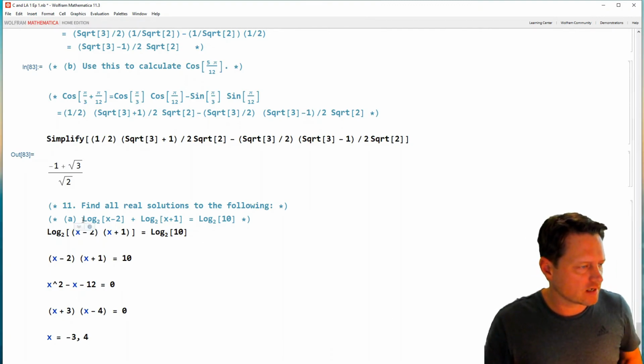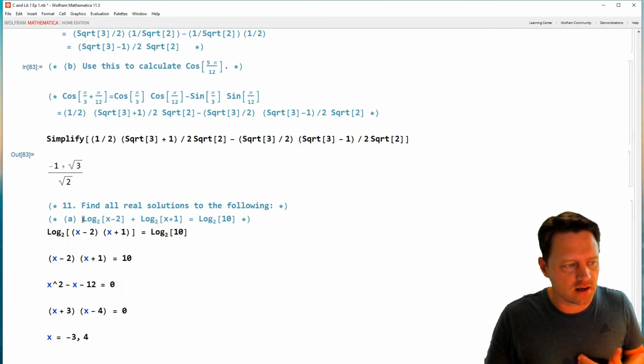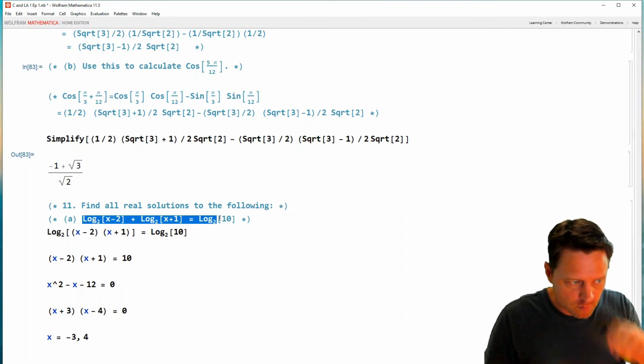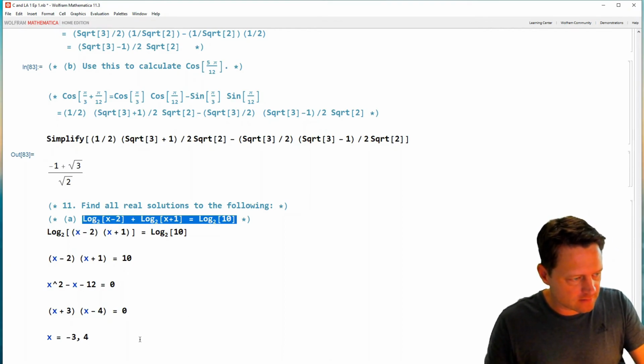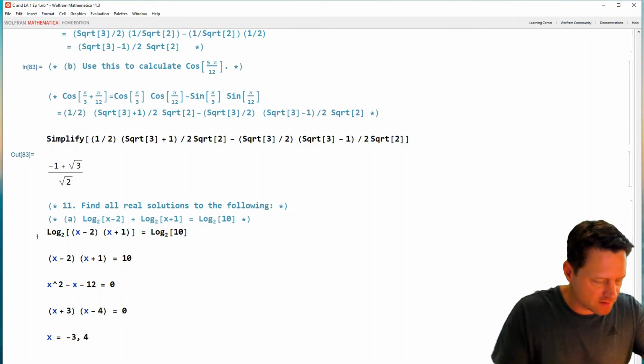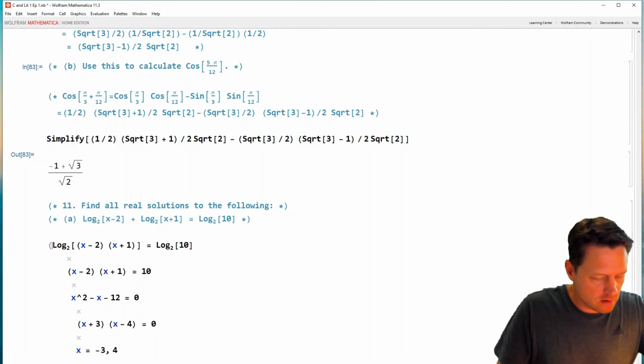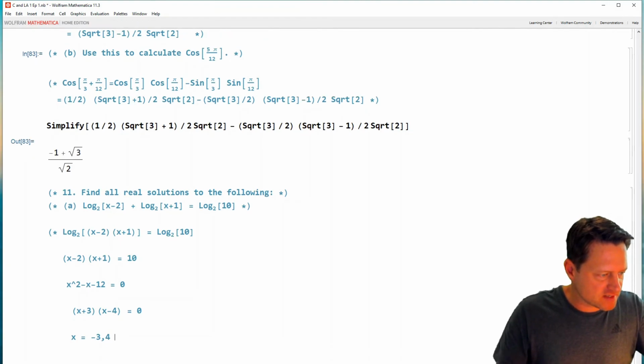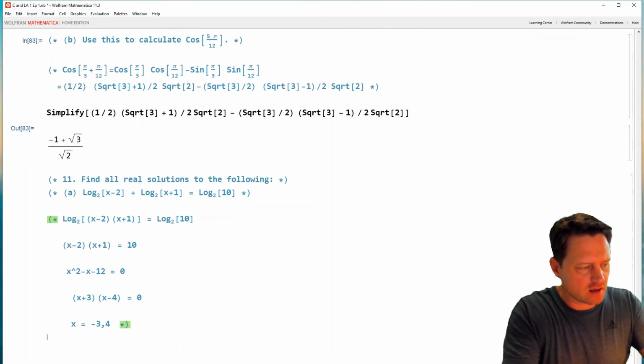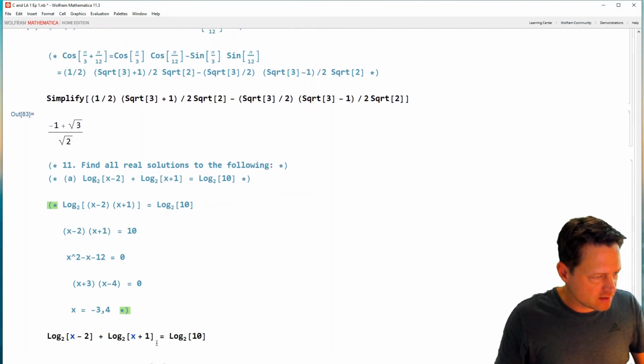Now, there are also complex solutions, right? And that gets a little bit tricky. But what I want to show you is, now I'll turn this into a comment here. What happens then when you go and substitute back in minus 3 into this expression on the left here? Do you get log to base 2 of 10?